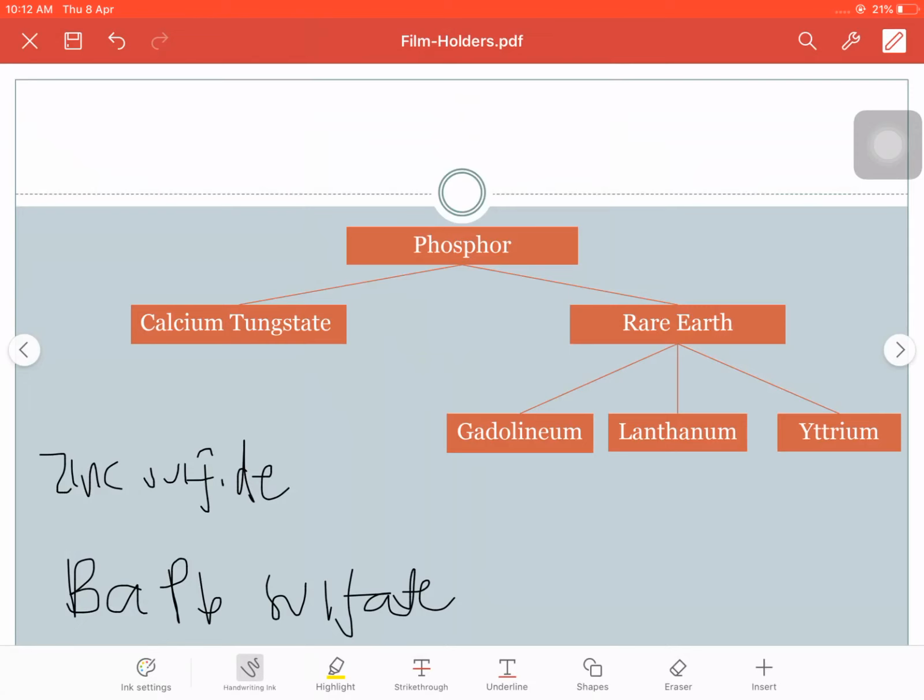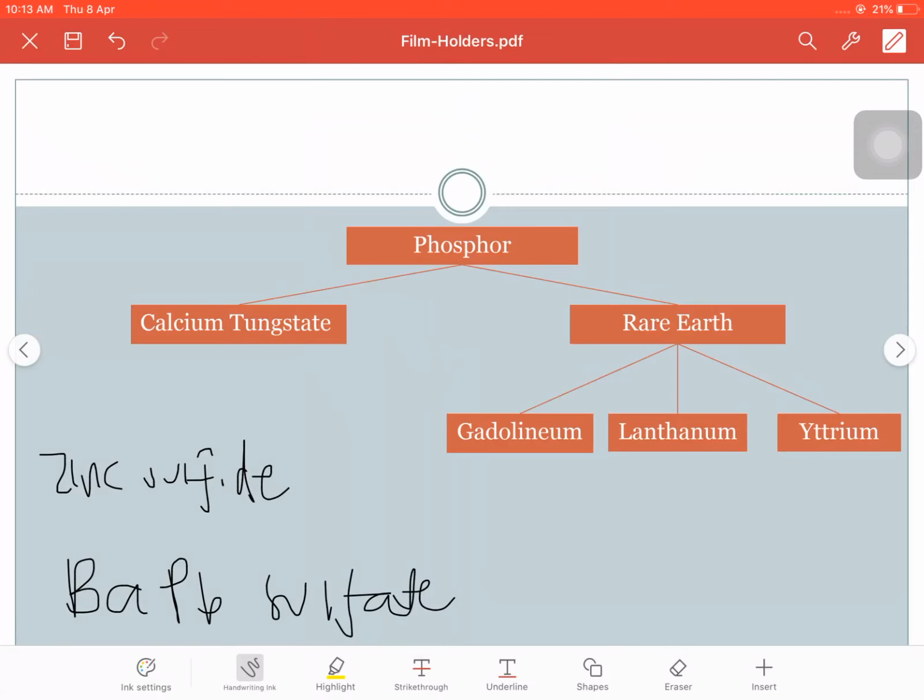Using barium lead sulfate as a phosphor material increases the spatial resolution and increases fog that contributes to an added density on the radiograph. Therefore, to compensate for the increase in density, we have to lower the mAs.